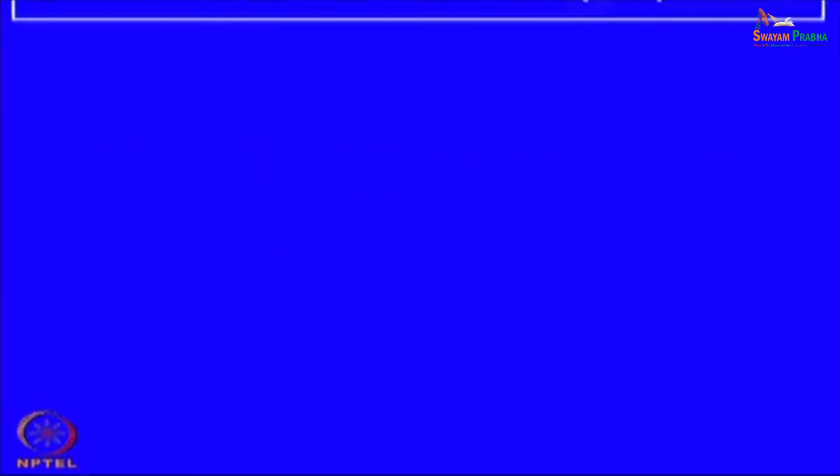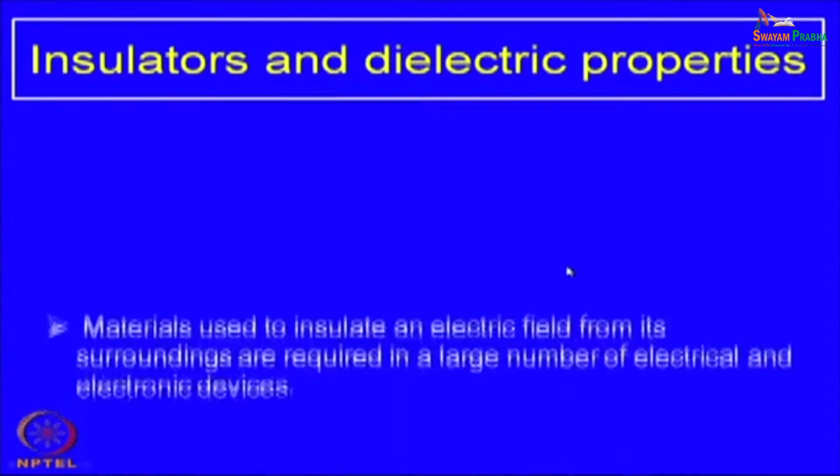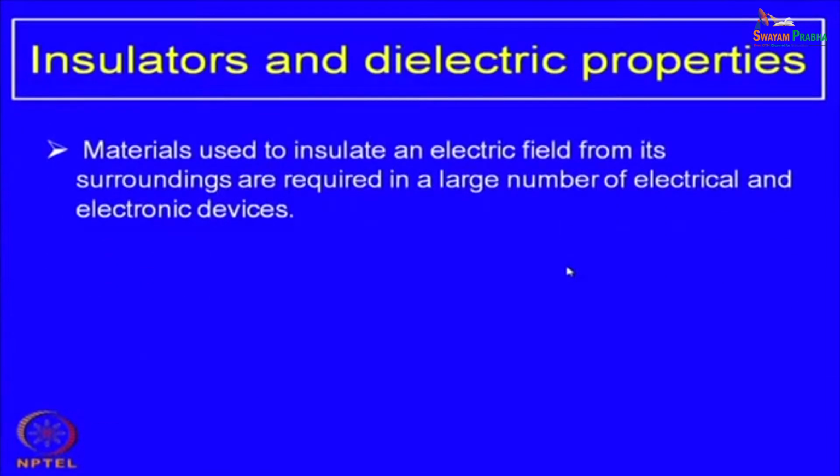And if we look at the basic phenomena, what happens in an insulator when we apply electric field, or in other words, sometimes they are called dielectric materials, there is a dielectric phenomenon which takes place, and that is what we want to discuss here. The materials are used to insulate, but in general, since they have a very high resistance, they insulate from a conductor.